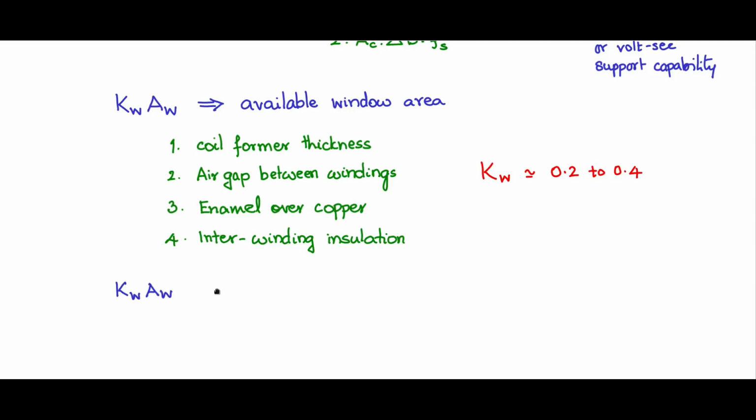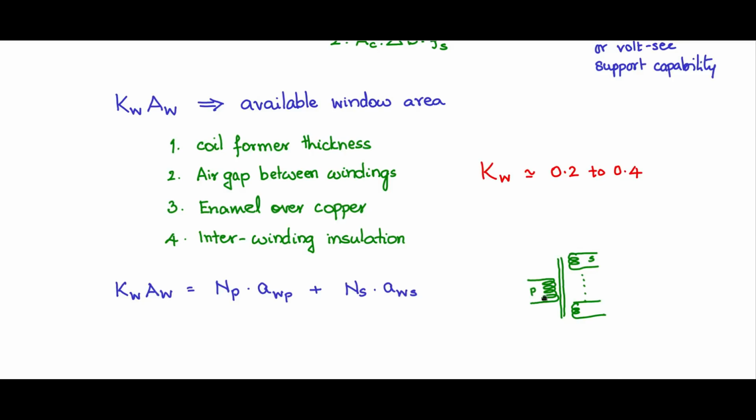So the available window area has to be used to accommodate NP, the primary number of turns, into the wire cross section of the primary wire, plus NS, the number of secondary turns, into the wire cross section of the secondary wire, if it is just a primary and a secondary. But in a general case, there can be multiple secondaries.